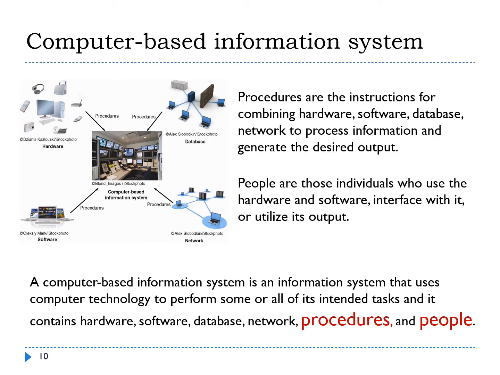Procedures are the instructions for combining hardware, software, database, and network to process information and generate the desired output. People are those individuals who use the hardware and software, interface with it, or utilize its output.